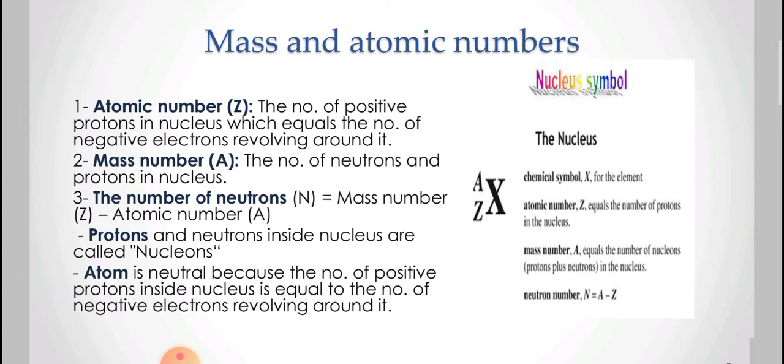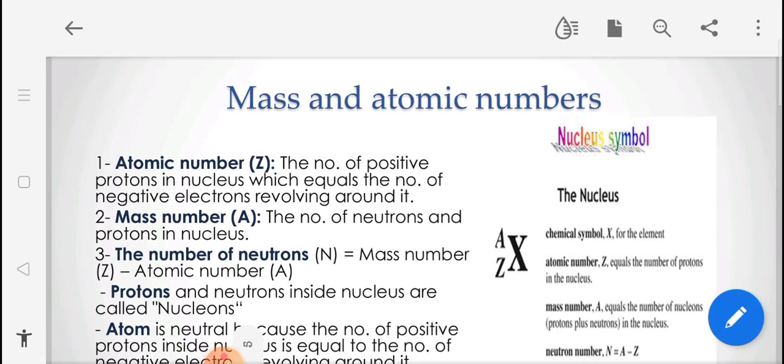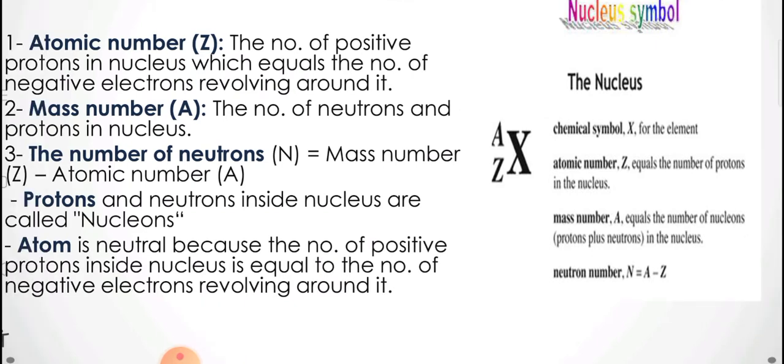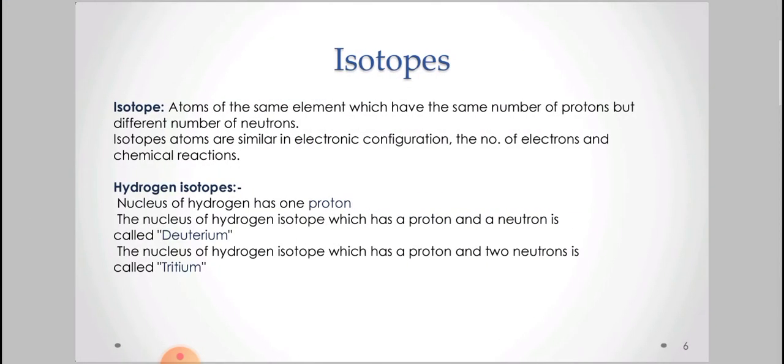Number 3, the number of neutrons equals mass number minus atomic number. Number 4, protons and neutrons inside the nucleus are called nucleons. The atom is neutral because the number of positive protons inside the nucleus equals the number of electrons revolving around the nucleus.